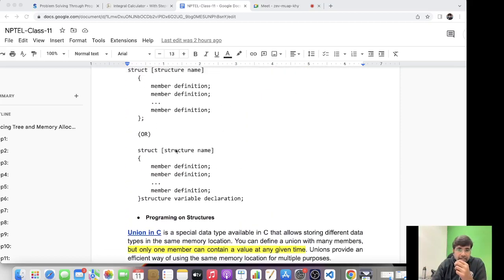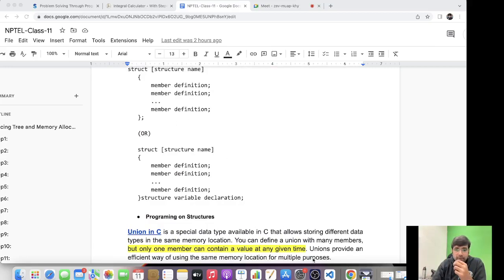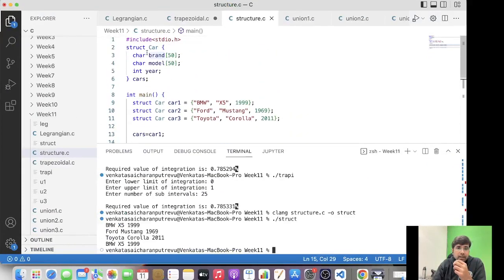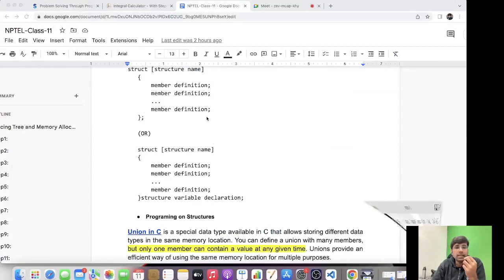If you define a structure with, let's say, an integer, a char, and an integer year, and let us assume each is 4 bytes, then 4 plus 4 plus 4 will be 12 bytes. But in a union it won't happen like that.